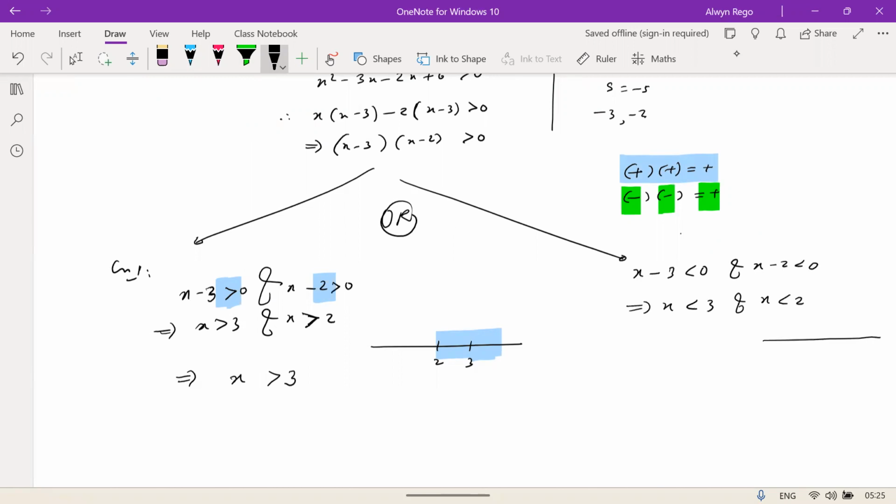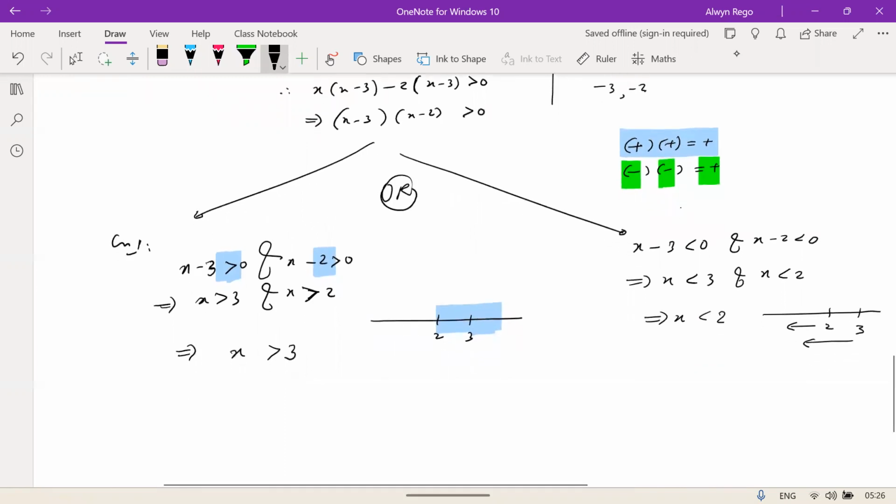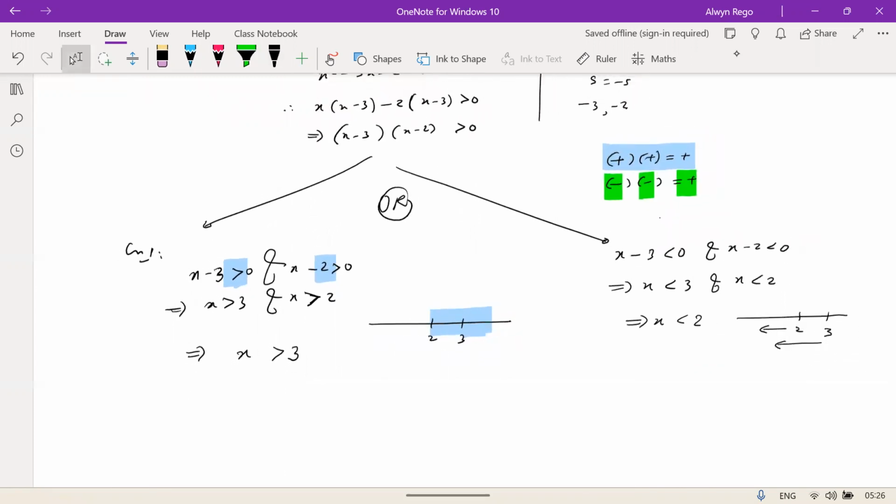And if x is to the left of 2 and x is to the left of 3, to satisfy both conditions, you can safely choose that x is to the left of 2. Because if x is to the left of 2, then definitely x is to the left of 3 also.